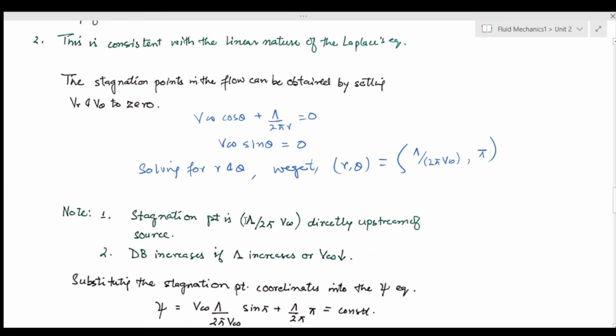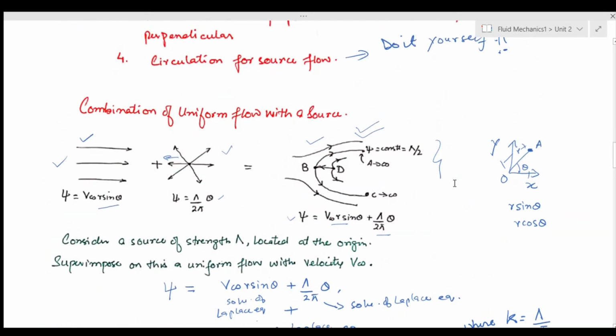So the stagnation point in this coordinate system is directly upstream of the source, at a theta of pi. Where is pi? If my radial direction is r and angular is theta, then pi would be actually here.